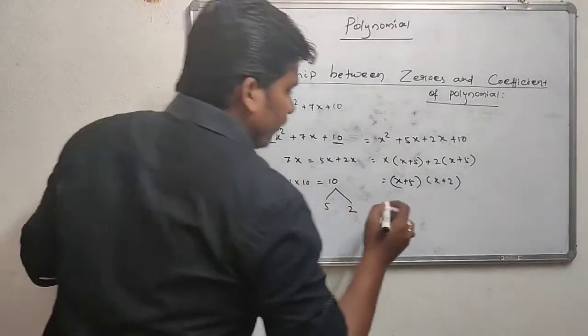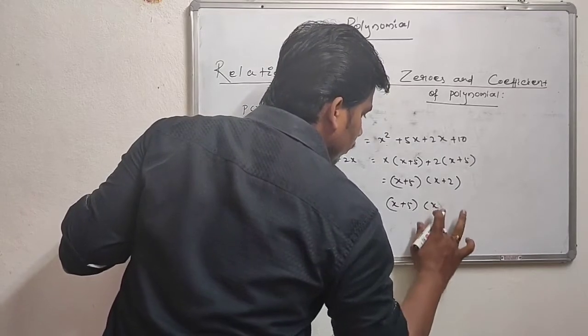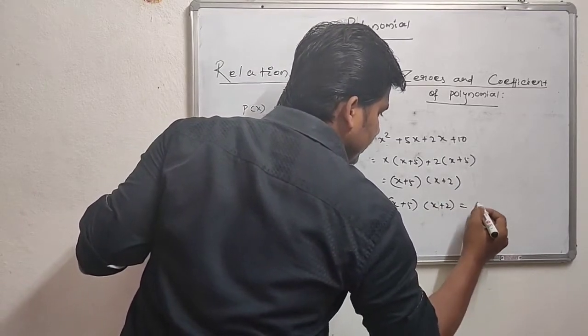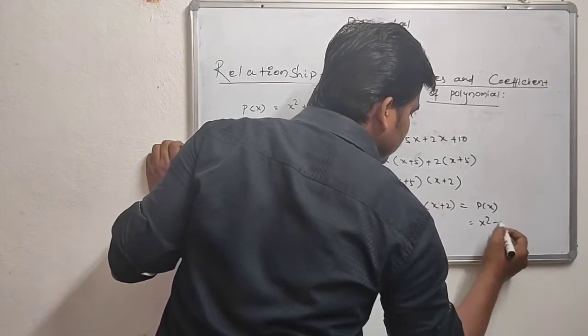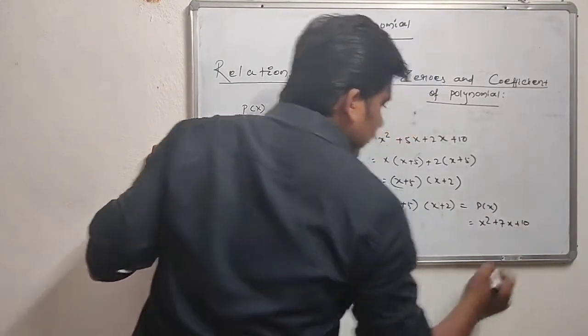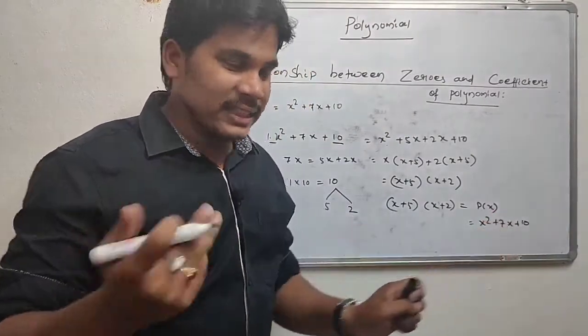Now x plus 5 into x plus 2 is equal to p(x), or otherwise we can say x square plus 7x plus 10. We get the zeros when p(x) is 0.